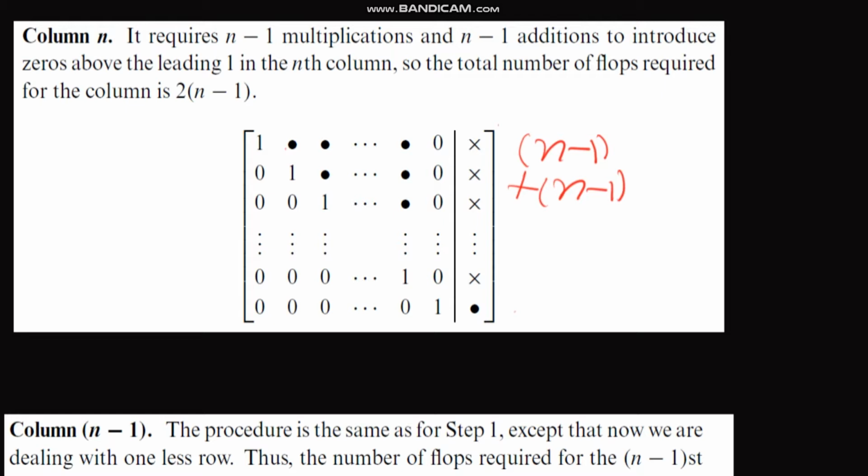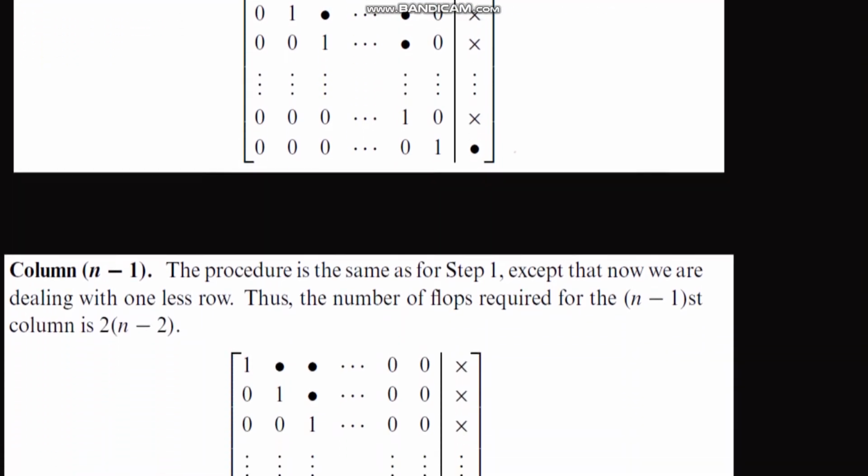So for the last column, to make the entries above it 0, in summary you need 2 times n minus 1 flops, right? Now let me go to the next point: the n minus 1th column.